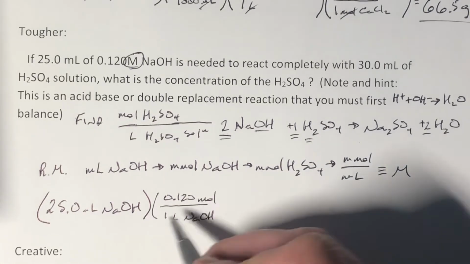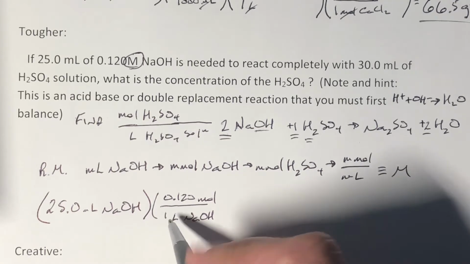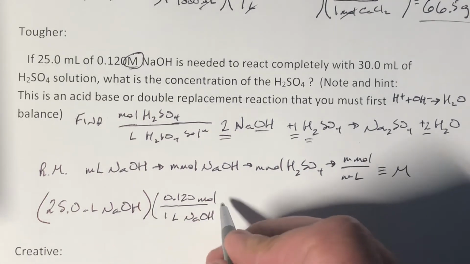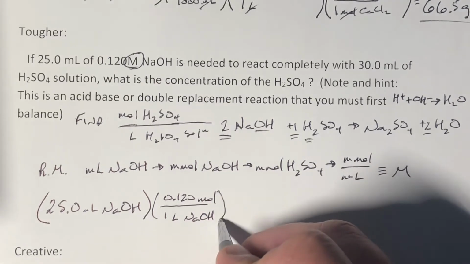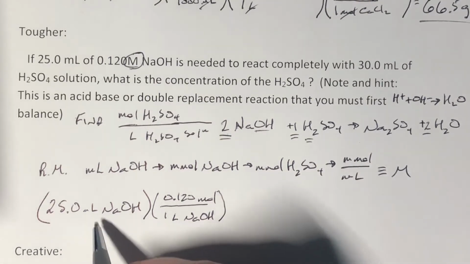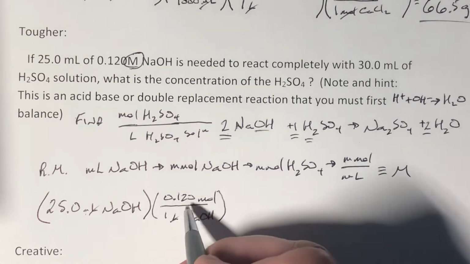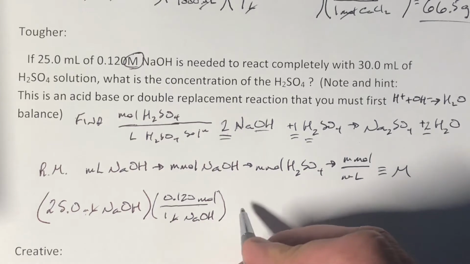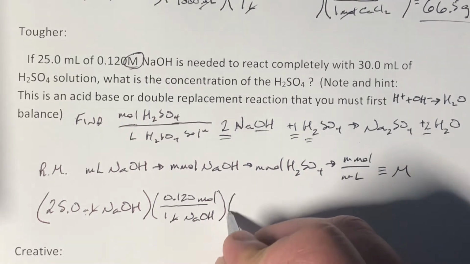And again, I want to be very clear which concentration and volume are associated, but in the interests of not running out of space, I won't overly write things down. Okay, if I stopped here, my liters would cancel and I'd have millimoles. So again, a little bit maybe new to us, but nothing wrong with that.